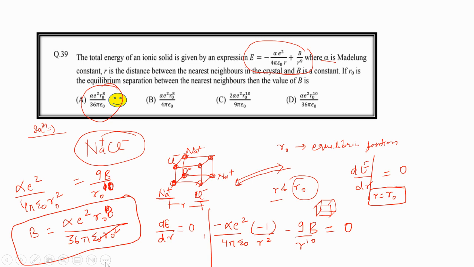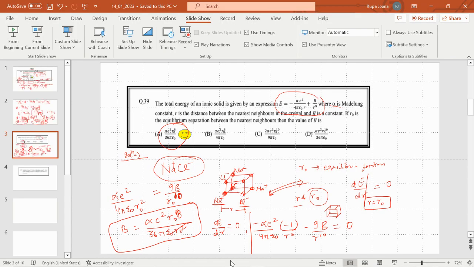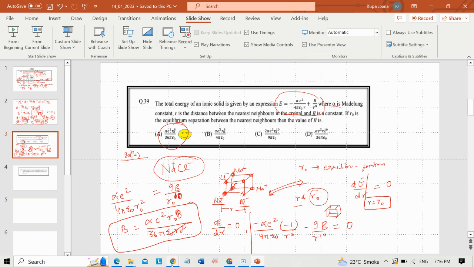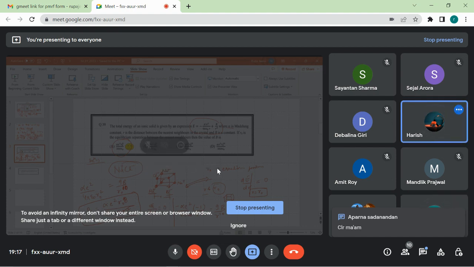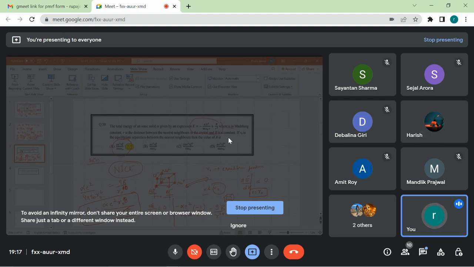Wait, screen? Is everyone facing the same problem? Others can see. Are you sure you are not able to see this screen of mine? Others are not facing the same problem.